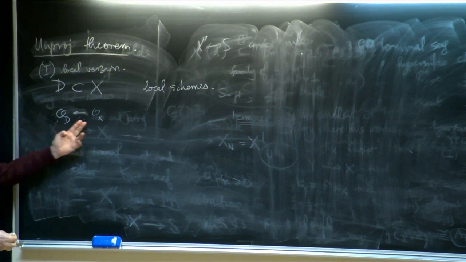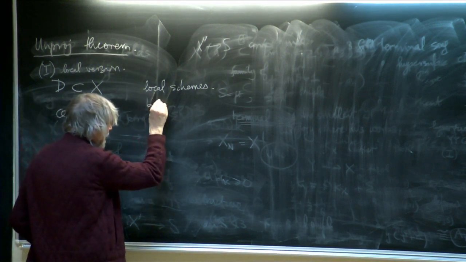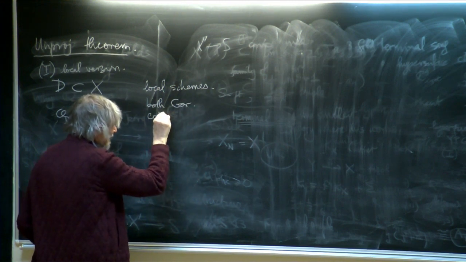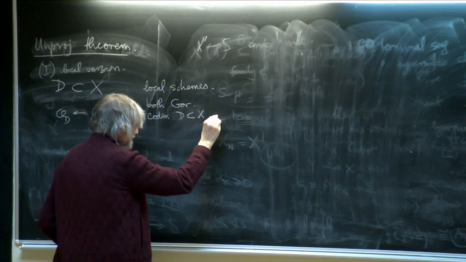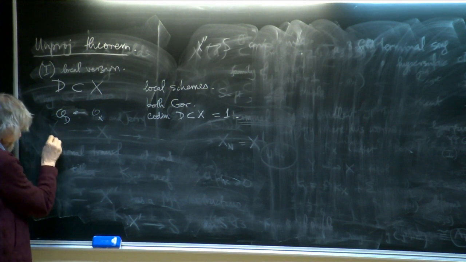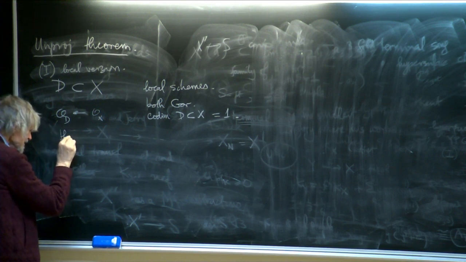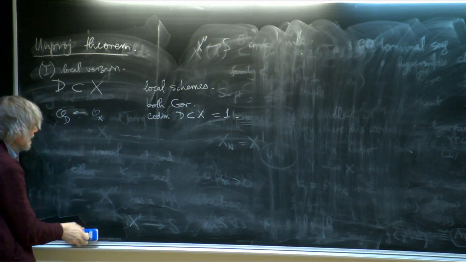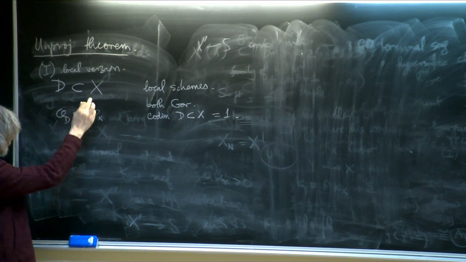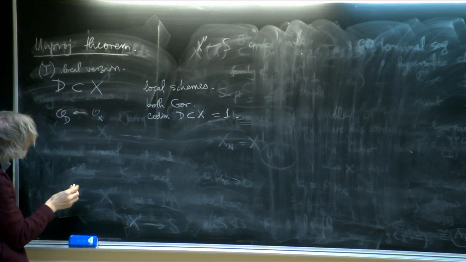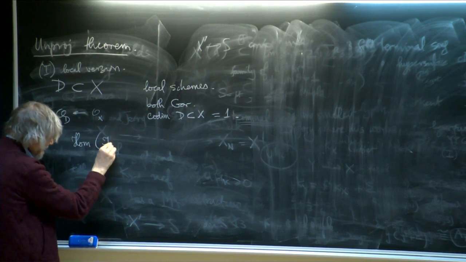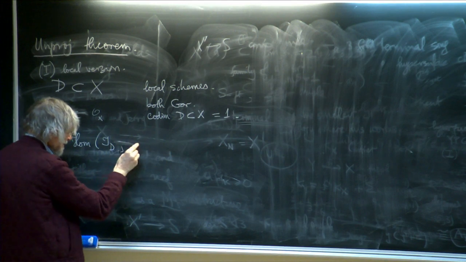Yeah, these are local rings. So I'm assuming that both are Gorenstein and the codimension of D in X is 1. Yes, so I want to study HOM, on the level of sheaf of HOMs. So I want to write HOM ID into omega X.